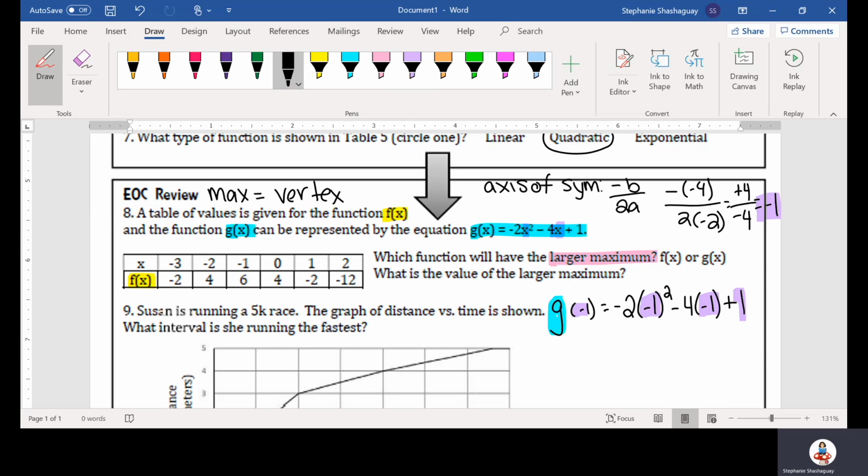Now I just need to evaluate it. Negative 1 squared is 1. Negative 2 times 1 is negative 2. Negative 4 times negative 1 is going to be a positive 4. And then we're going to add 1.